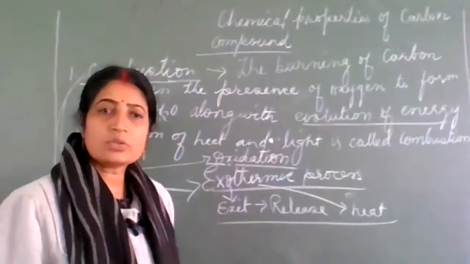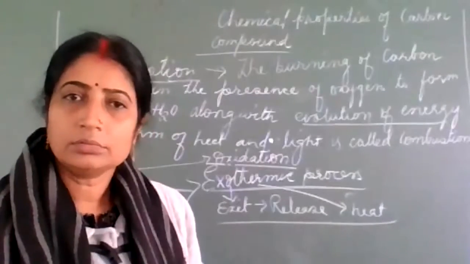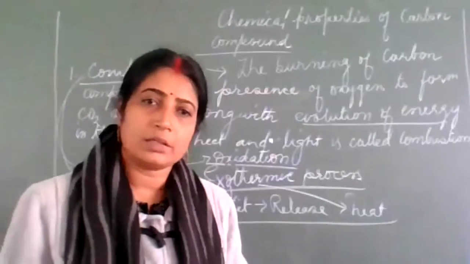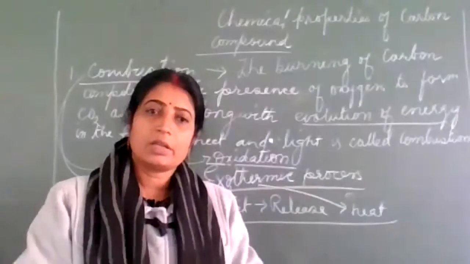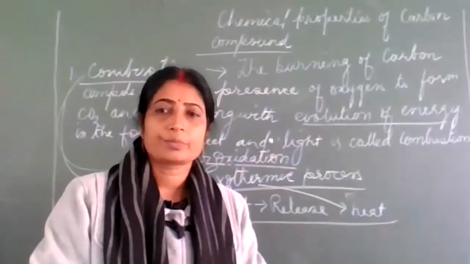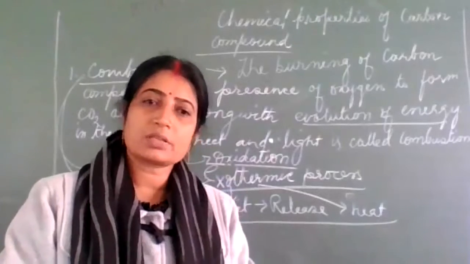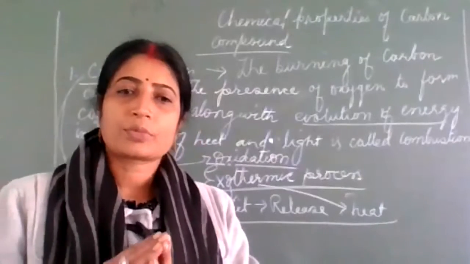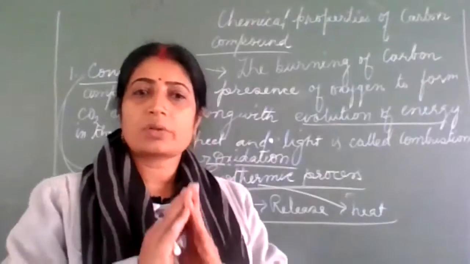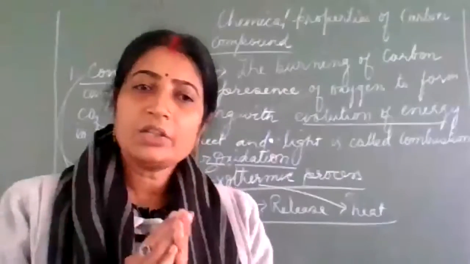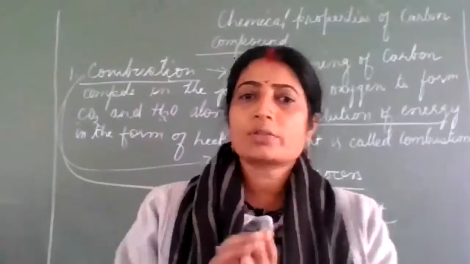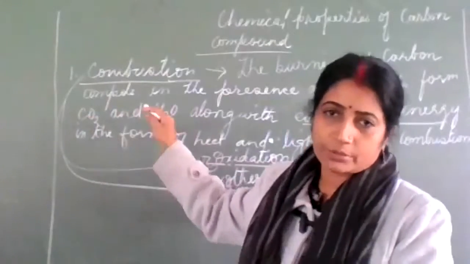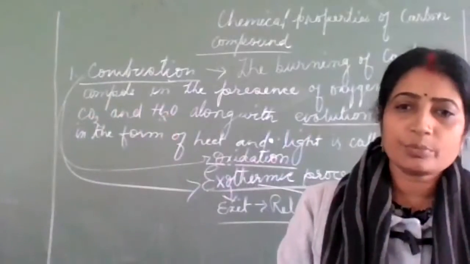Ma'am, because it is done in the presence of oxygen and the products formed are oxides. Whenever oxide is formed on burning, that process is called oxidation. Oxidation means addition of oxygen. So here oxygen is being added to carbon, oxygen is being added to hydrogen. So it is an oxidation process.